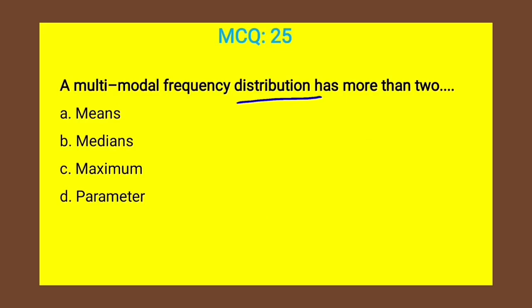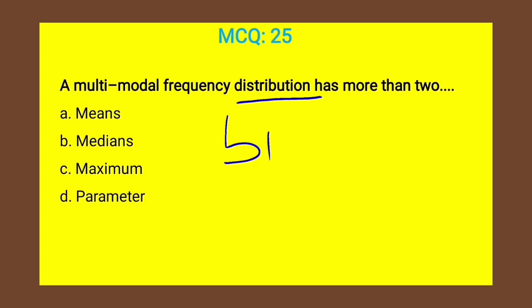It's saying that a multimodal frequency distribution has more than 2 dash. A multimodal frequency is a frequency which has mode values, more than 2. If it were bimodal, the mode would be 2 values. But if it's multimodal, it's more than 2 values or 2 modes.